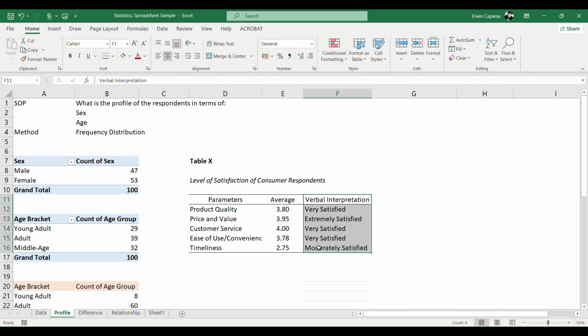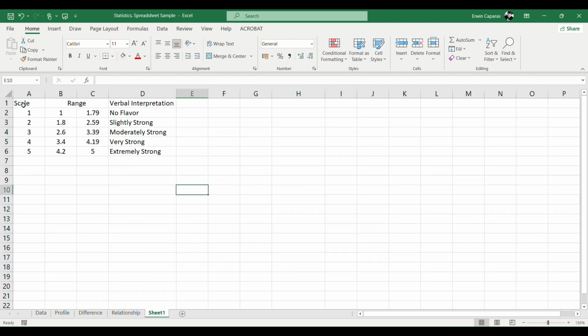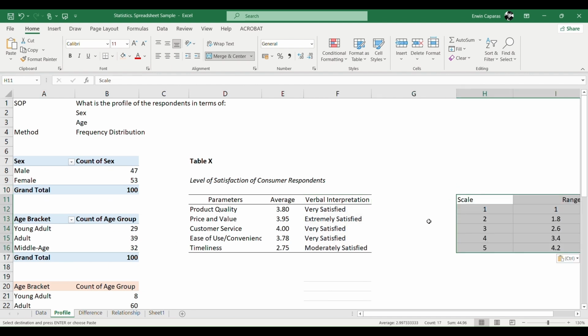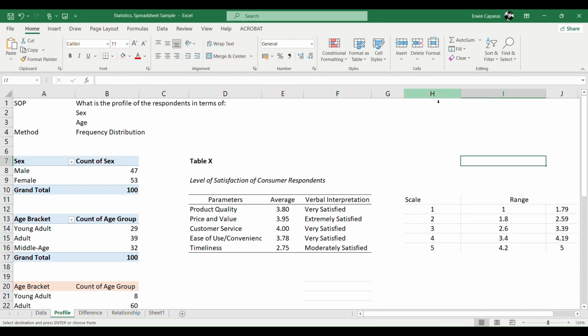Based on our discussion before on how we assign the verbal interpretation, it will be based on the scale that we have prepared in chapter 3. Say, for example, we have here, on a scale of 1 to 5, the presentation of the scale.